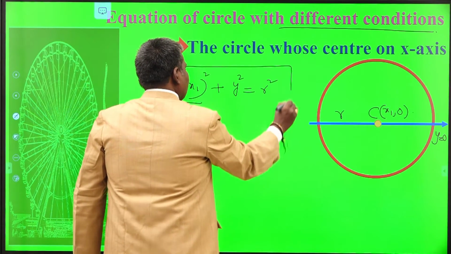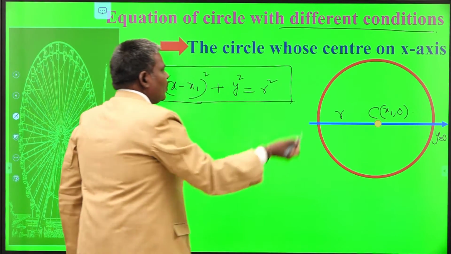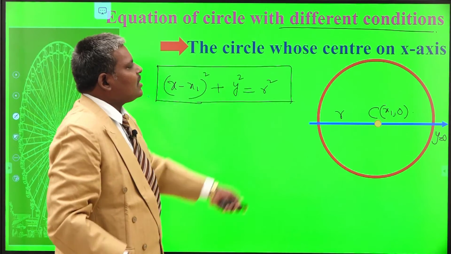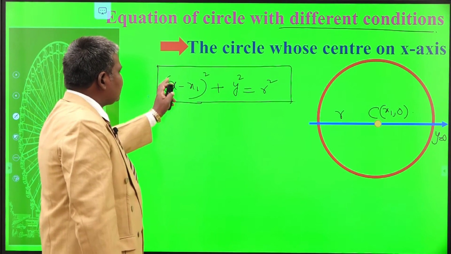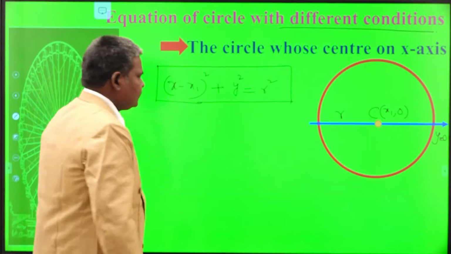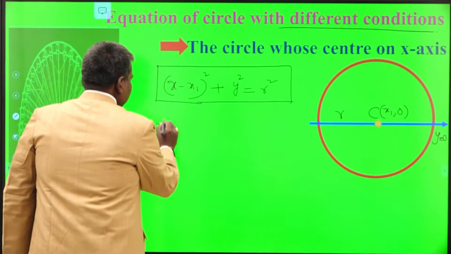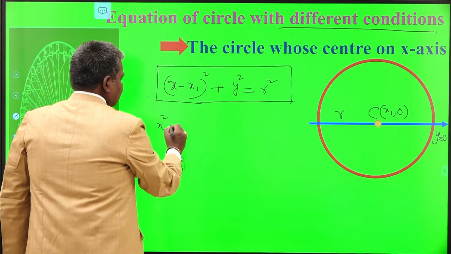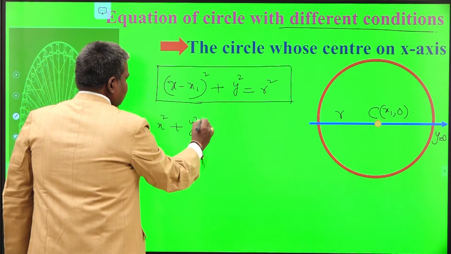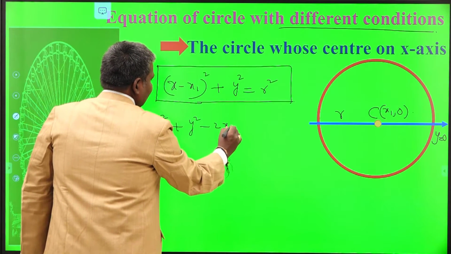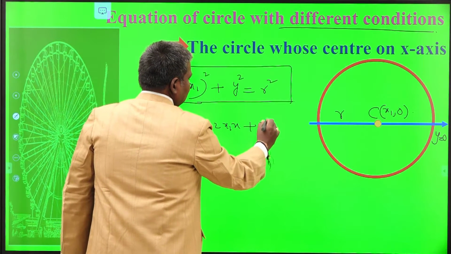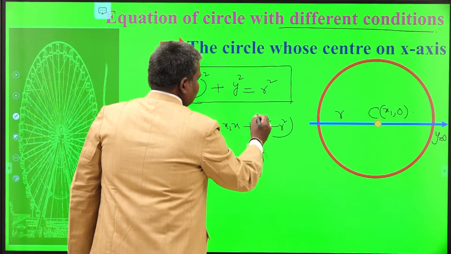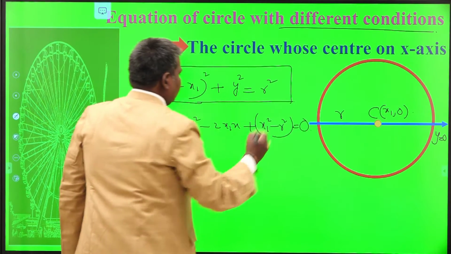This is the equation of the circle whose center lies on the x-axis. I would like to convert this equation into the standard form. So expanding this, x square plus y square minus 2x1x plus x1 square minus r square equals 0.